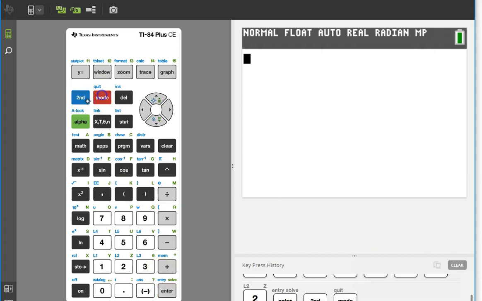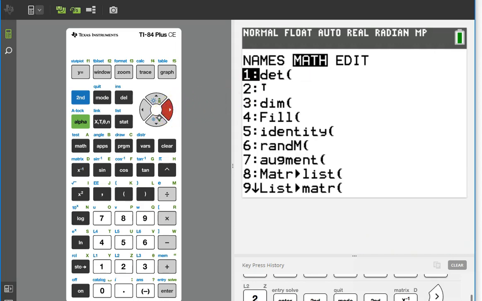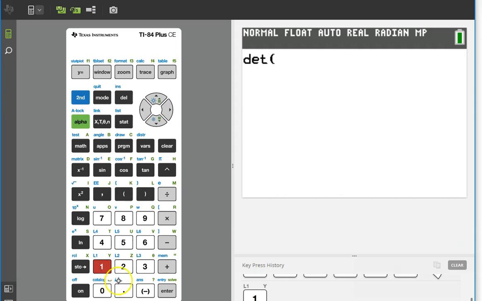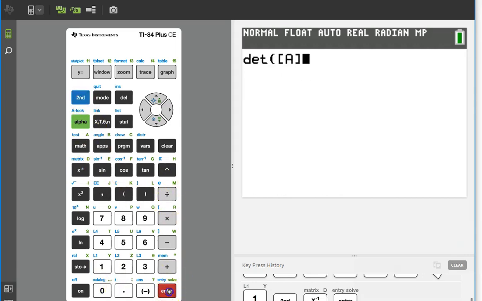Then we hit second quit, and go to second matrix again, and this time we're going to go to math. Look at number 1. What do you think DET stands for? You got it. It stands for determinant. So find the determinant of matrix A. Heck yeah, negative 31. It can find the determinant for us. That's all we want. So use your calculator to find the determinant.